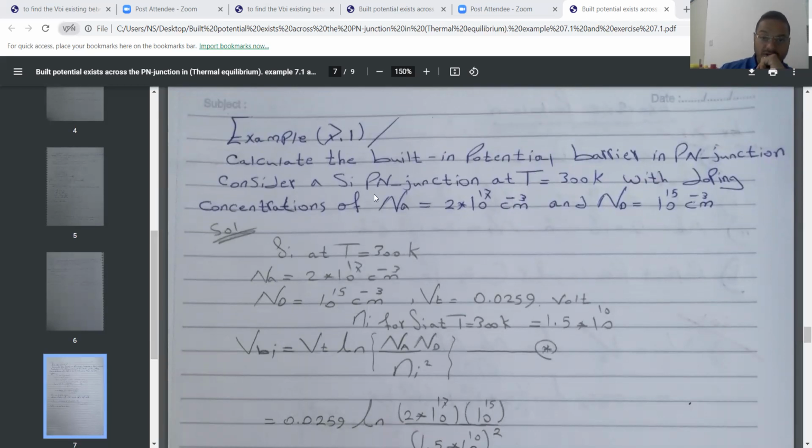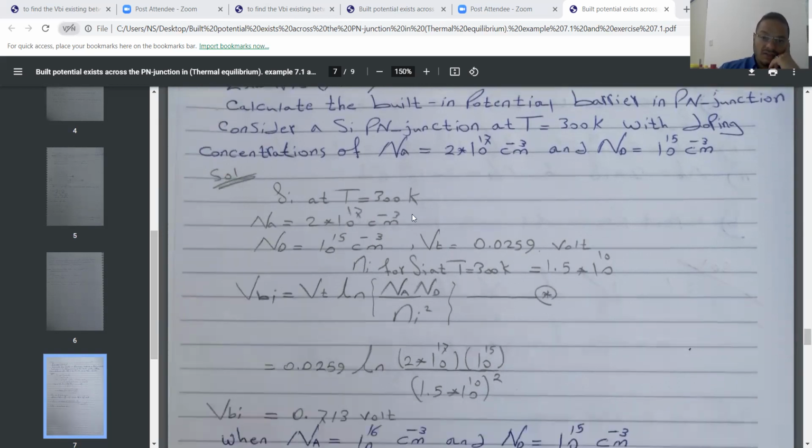Consider a silicon PN junction at room temperature with doping concentrations of Na, the acceptor concentration, equal to 10^17, and the donor concentration equal to 10^15. That means we're dealing with P type, because Na is bigger than Nd. Silicon at temperature equal to 300 Kelvin.